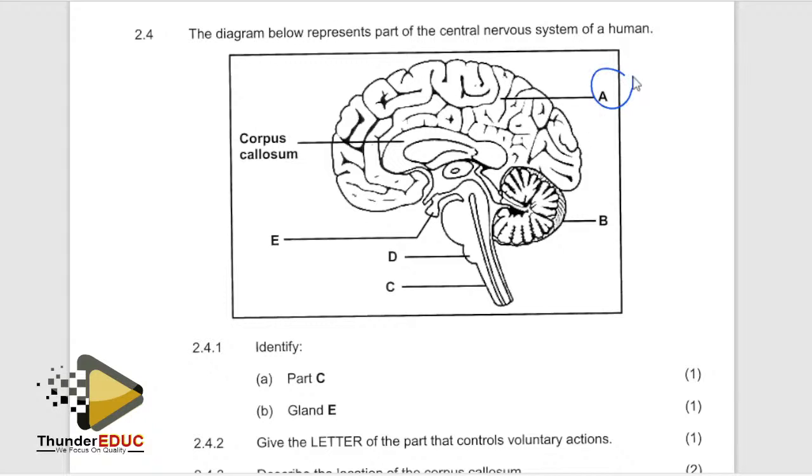Okay, obviously A is cerebrum, B is cerebellum, C is spinal cord, D is medulla oblongata, E is the what? The hypophysis or the pituitary gland. We don't mark master gland.